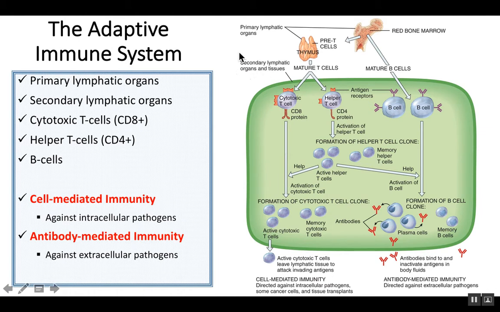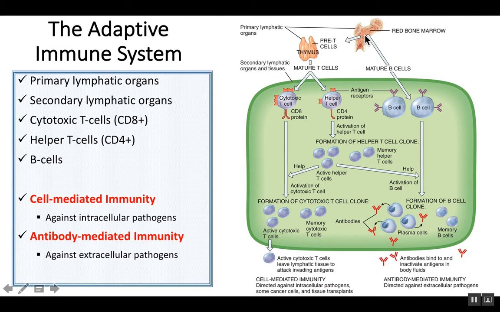So secondary lymphatic tissues are where lymphocytes go after they're mature and basically wait. And they wait for the day that they can fight an infectious organism. So this green thing represents a secondary lymphatic organ or tissue, like a lymph node.